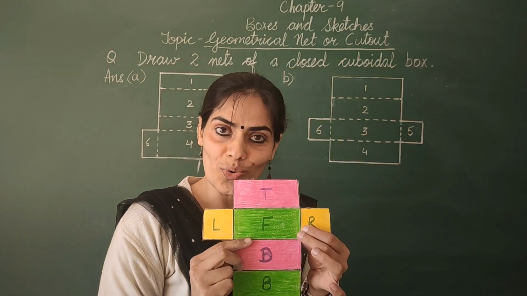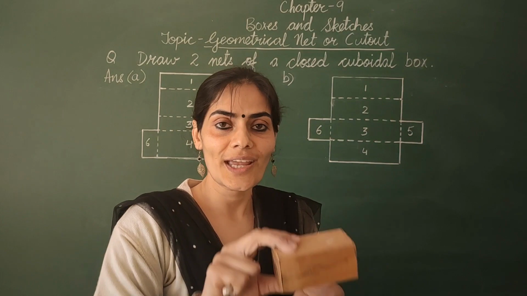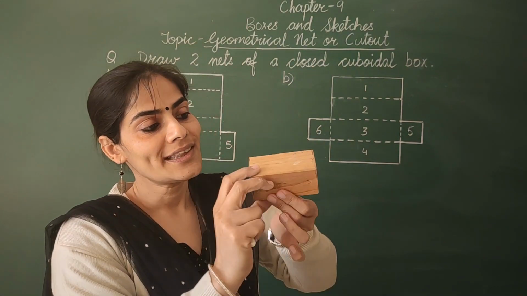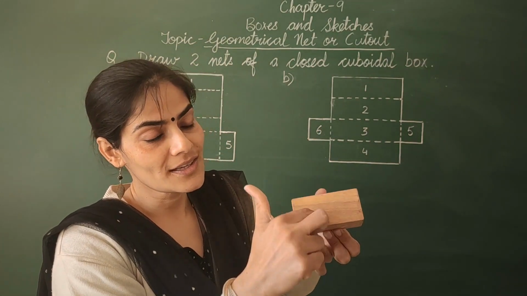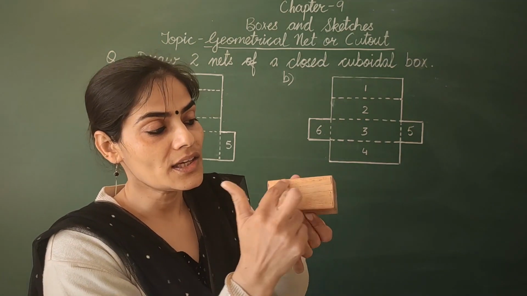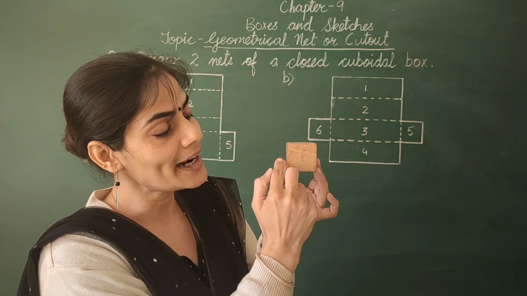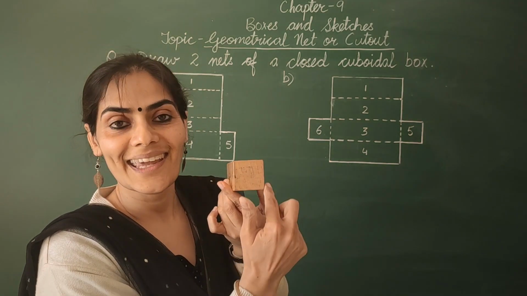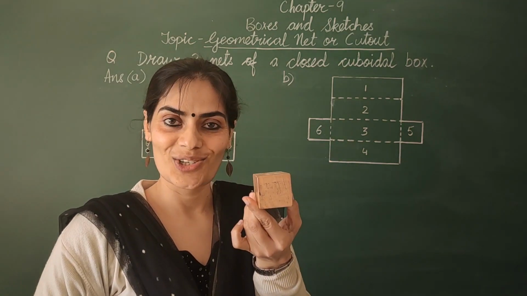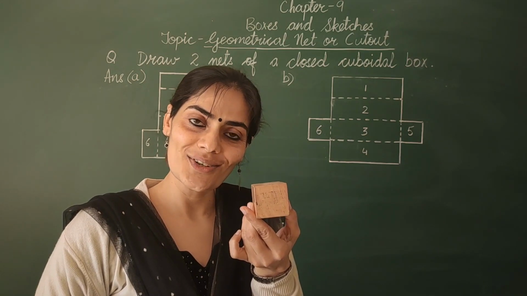Shall I show you one such solid shape? Now what do you observe? That these faces, they are equal rectangles, and that is why if you look at the side faces, they are square in shape. Have you all understood?